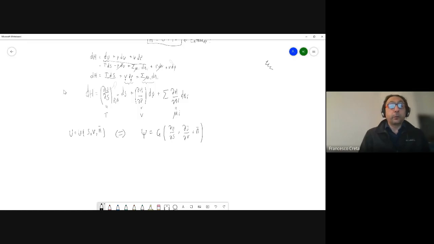Clearly, if you remember going back to the notes, this will be temperature, and this will be the pressure with a minus sign. So recalling the definition of the Legendre transform, which we call, in this case, G, it's U minus... so this is essentially the equation of the intercept, which comes directly from the equation of the tangent line.